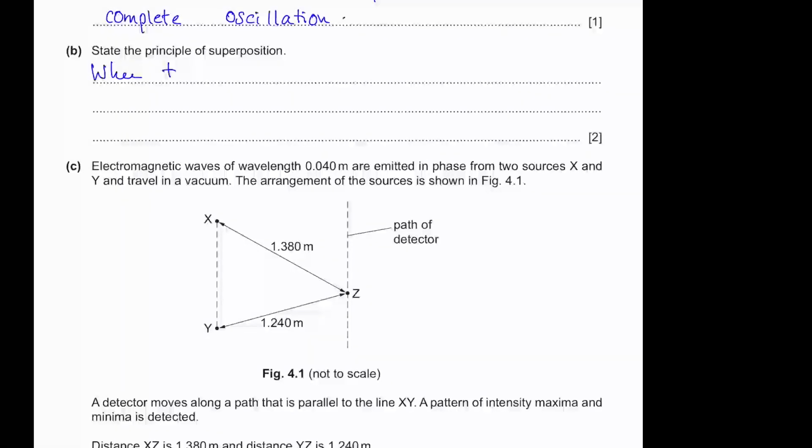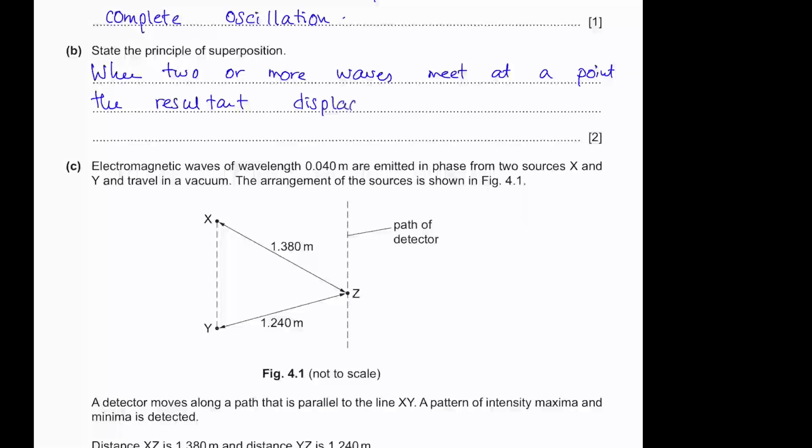When two or more waves meet at a point, the resultant displacement is the sum of individual displacements of waves.